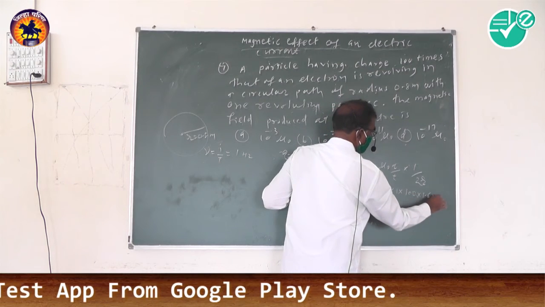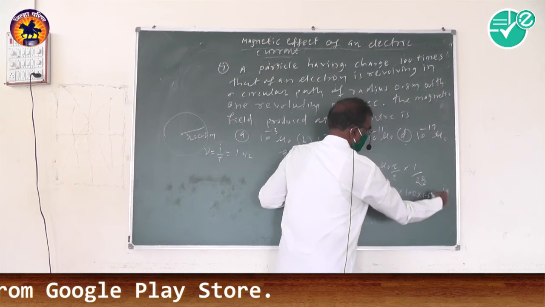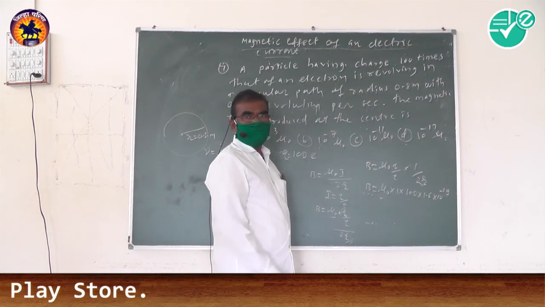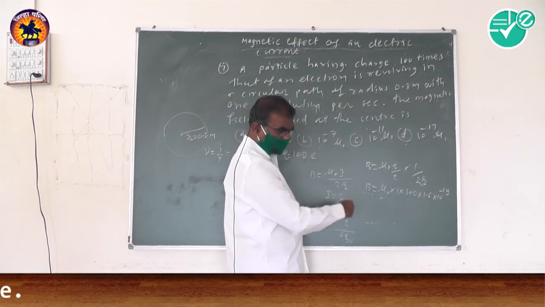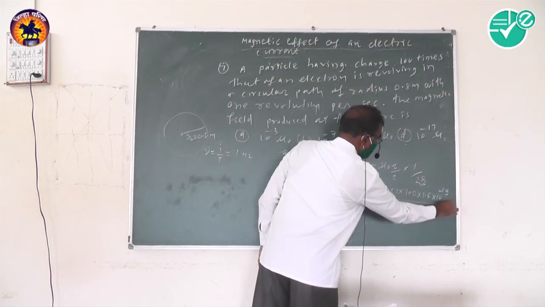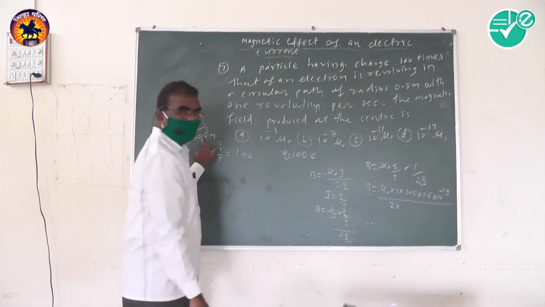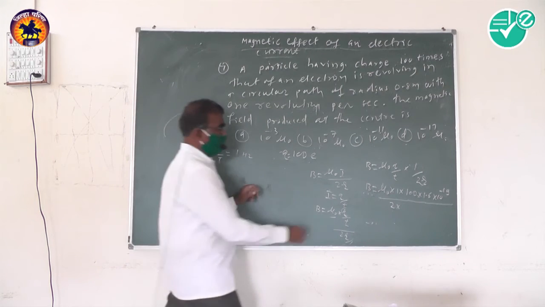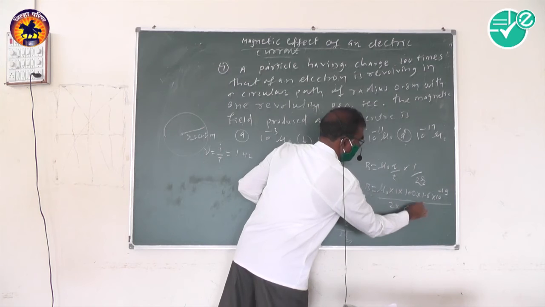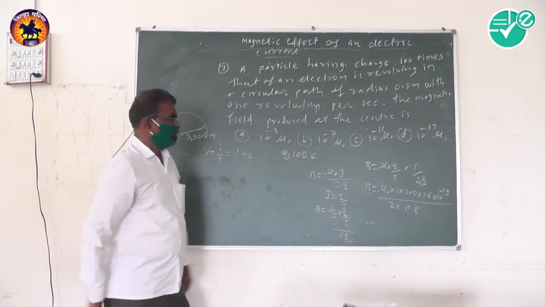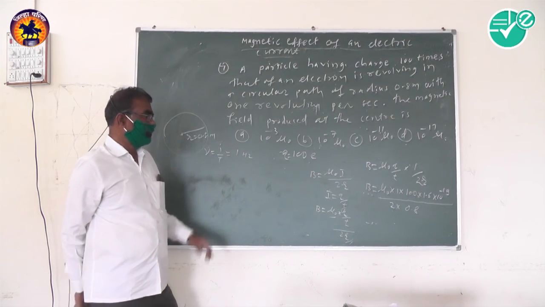The charge on an electron is 1.6 into 10 raised to minus 19, divided by 2 into R. R is given, R is 0.8.